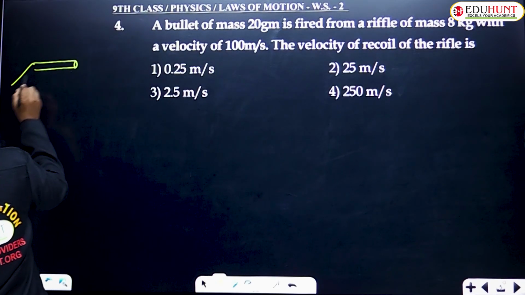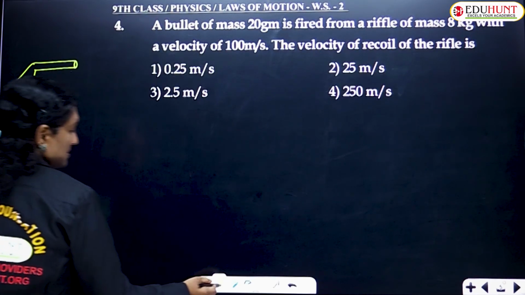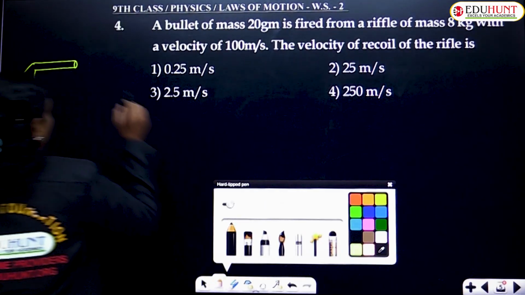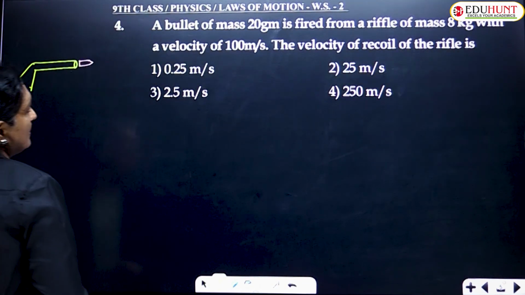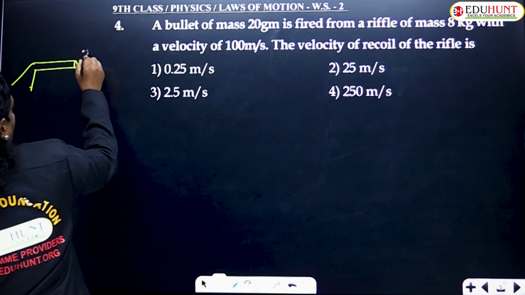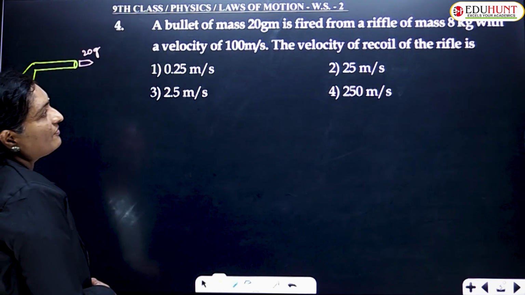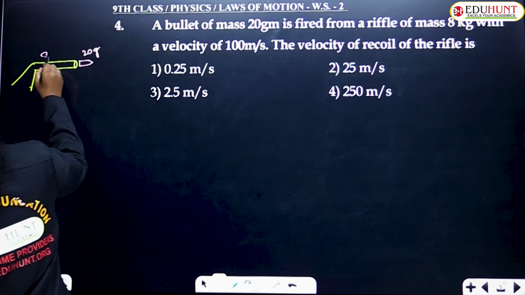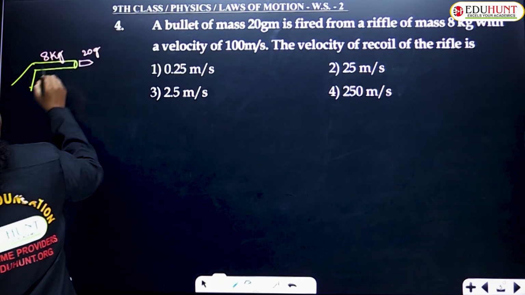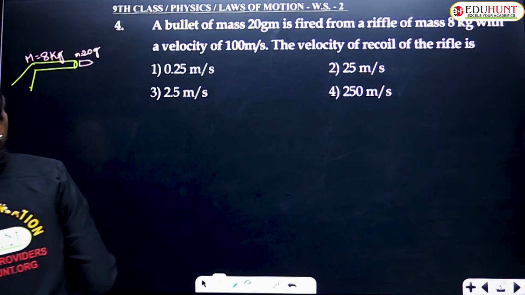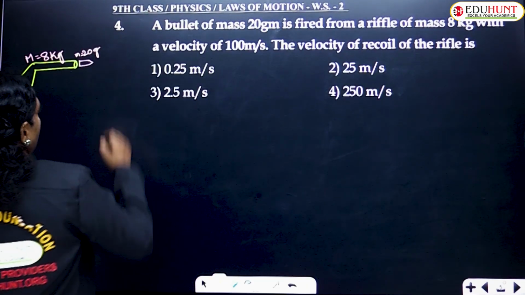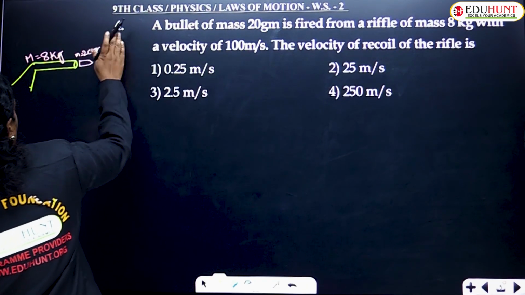A rifle is there, and from this rifle a bullet is being shot. Mass of the rifle is capital M and bullet mass is small m, I suppose.